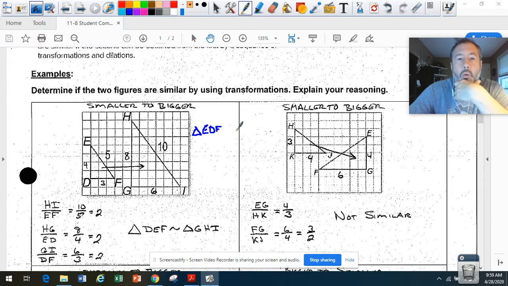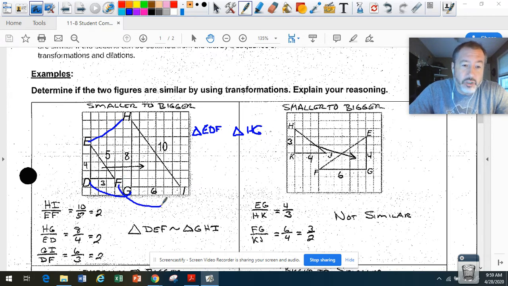And what we're going to see is how that compares with triangle. Now, E looks like it's going to go with H, so we'll do an H here. D looks like it goes to G, so I'll put a G here because D is in the middle, so G has to be in the middle. And F looks like it goes to I. F is at the end, so I'll do I at the end here.